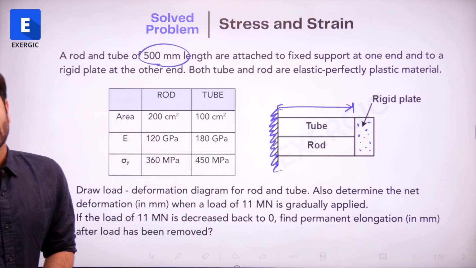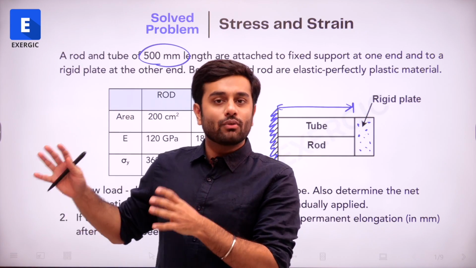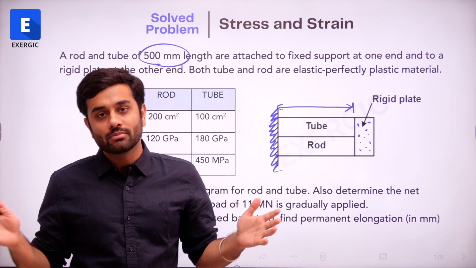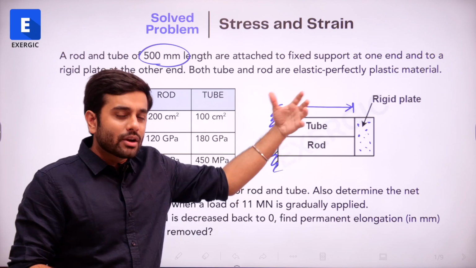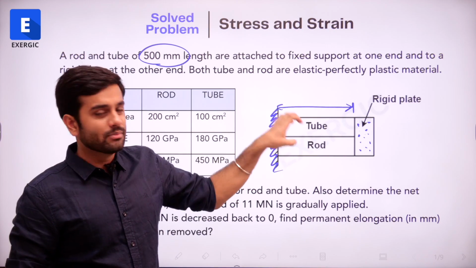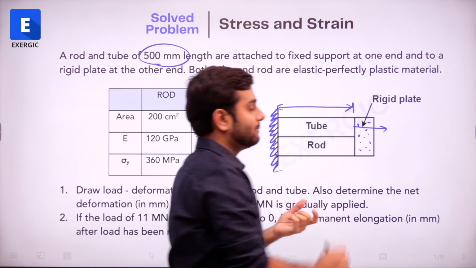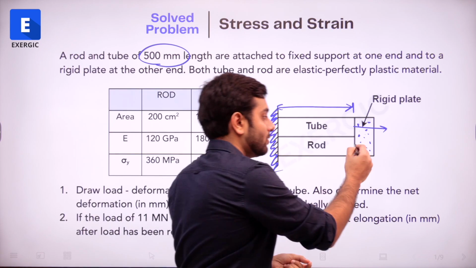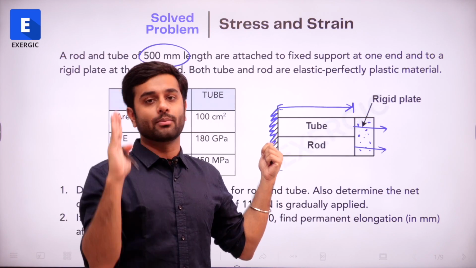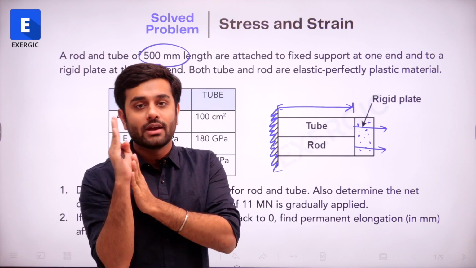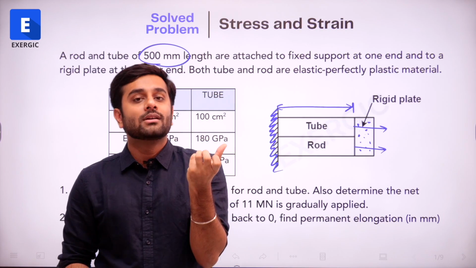Okay. Now, what is the significance of the rigid plate? A rigid body, we already know what it is, right? It's not going to deform, there will be no change in its shape or size. So, when we load this total assembly, whatever will be the deflection of any one of them will be the same as the deflection of the other one, because at one end it's a fixed support which cannot move anywhere, and at the other end there is a rigid plate, and a rigid plate cannot bend or get deformed.